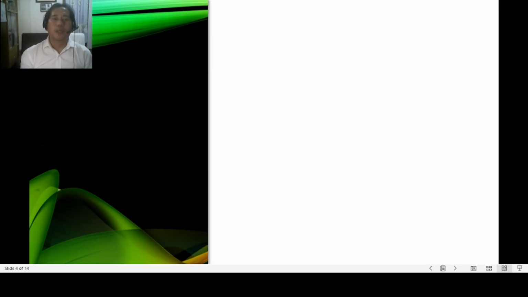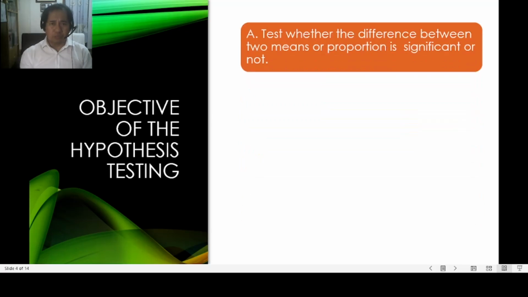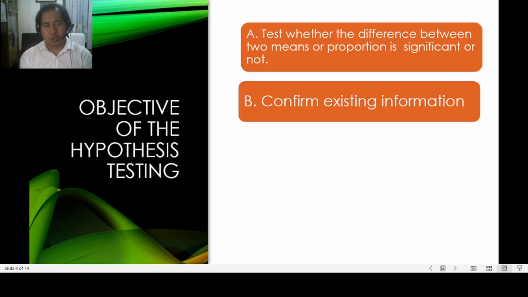Now, our objective, number one, is to test whether there is a difference between two means or proportions, or we test if this difference is considered significant or not. Another one is to confirm the existing information.